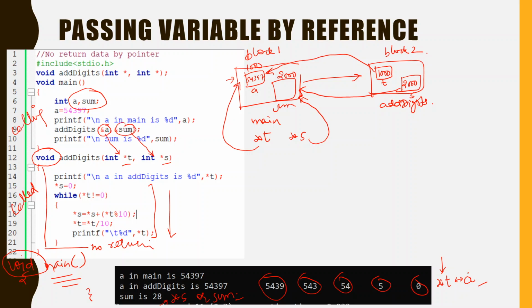Since they are pointer t and pointer s, any changes in these two pointers directly reflect to a and sum. So if you print after executing the code, when it returns, there is no output parameter. When this code executes further, this sum is printed. And since this sum is now 28, which is the value received by pointer s, pointer s changes the value of this sum to 28, and this 28 will get printed.